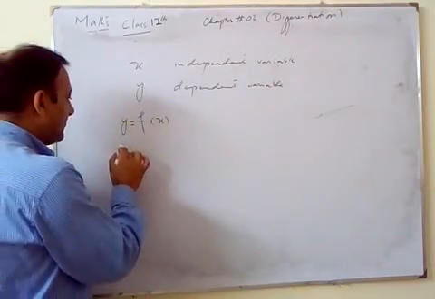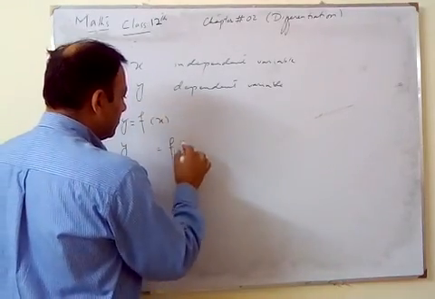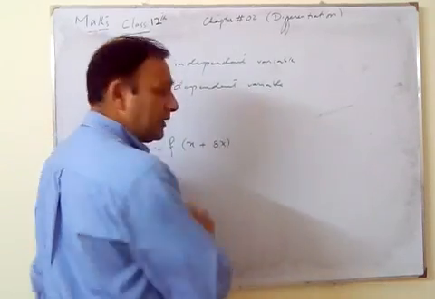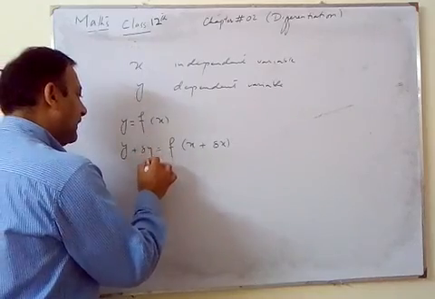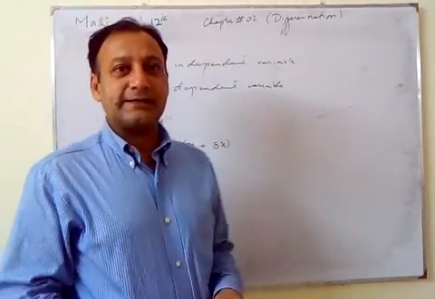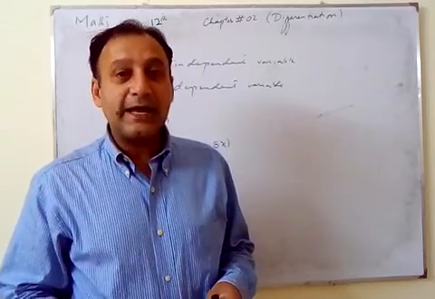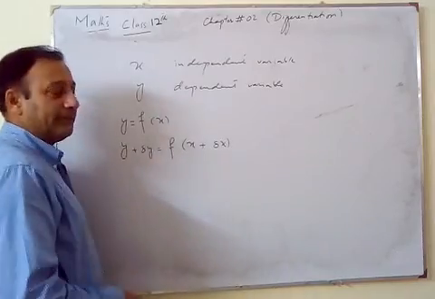So it means that when there is a small change in x, there must be a change in y. When there is a change in the independent variable, change will also occur in the dependent variable.